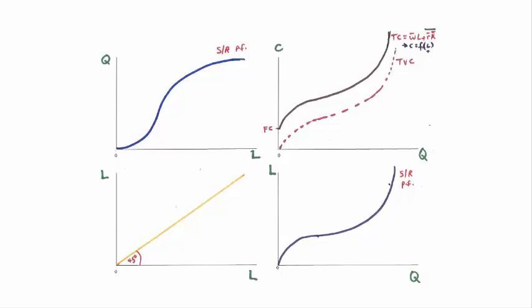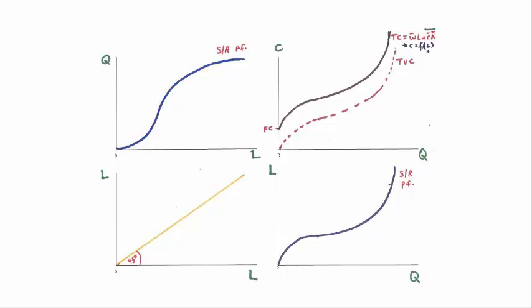So let us take the upper left-hand quadrant, the short-run production function, and we're going to reflect every point on that production function through a 45-degree mirror. When we multiply the vertical axis in the bottom right-hand quadrant by the cost of labor, we effectively have the variable cost.